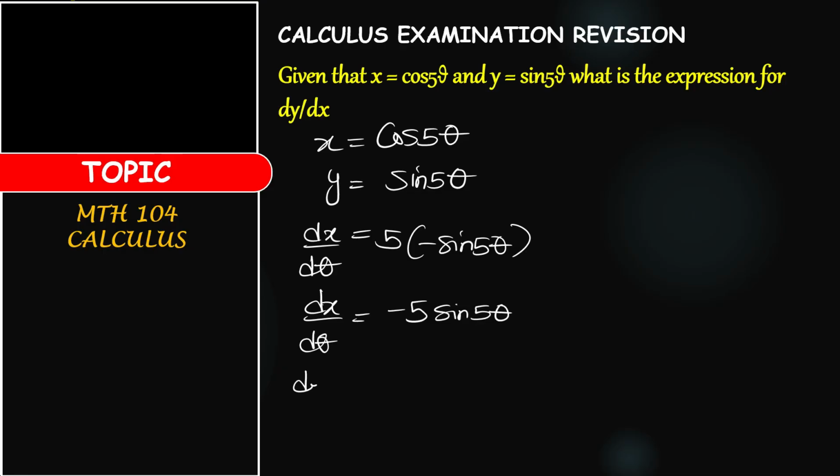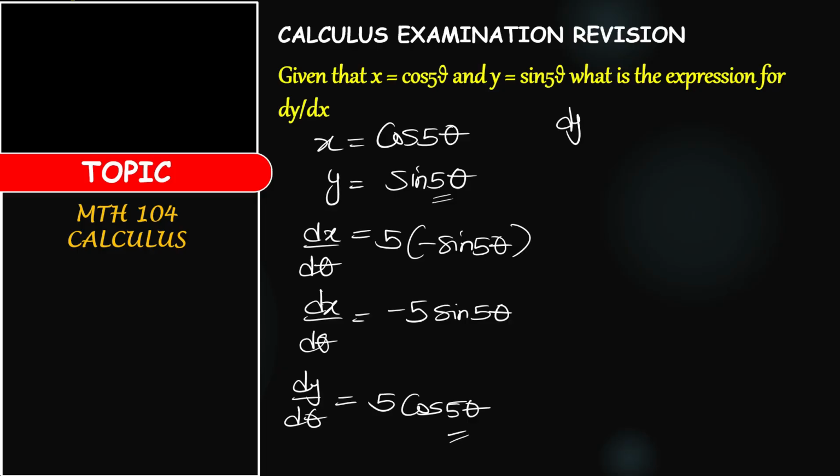Now the next one is to look for dy/d theta. Now differentiate this according to what I told you. First of all, 5 theta will give us 5. Differentiate sine to give us cos, and then write the 5 theta again. So dy/d theta will be 5 cos 5 theta. The dx/d theta is minus 5 sine 5 theta.